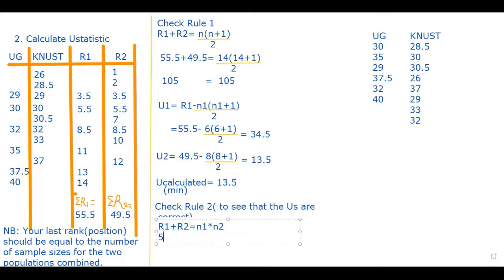Okay. So R1 is 55.5 plus 49.5. Give us 100. Hold on. You will not add the R1, sorry. You add the U1 and U2, okay?